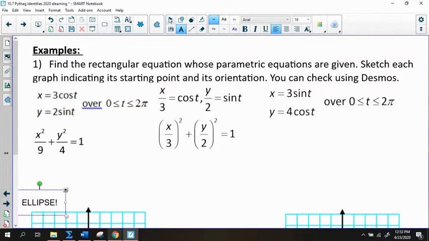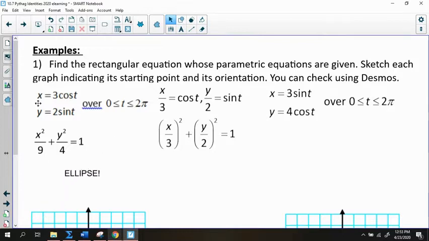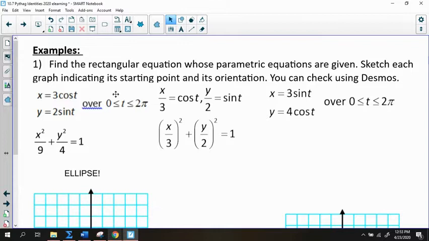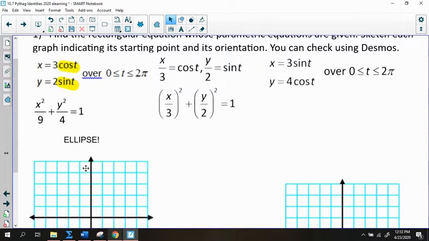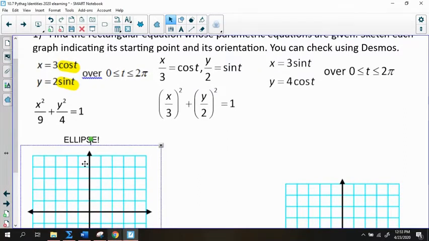And so if you remember how to graph an ellipse, you'll be able to get the whole graph on your grid, but we want to know the order in which it's graphing. I want to point out that this has the cosine with the x and the sine with the y, just like the last problem we did. I'm going to graph it on Desmos again so you can see.